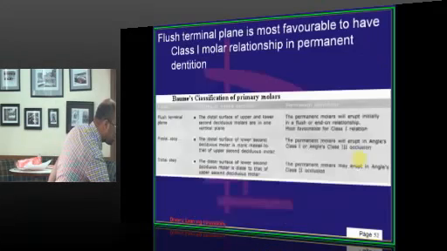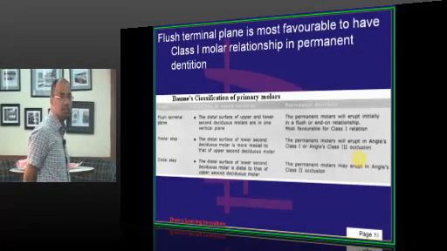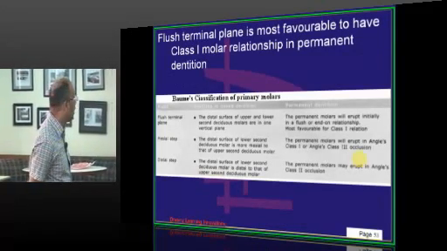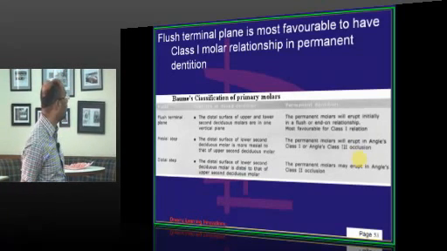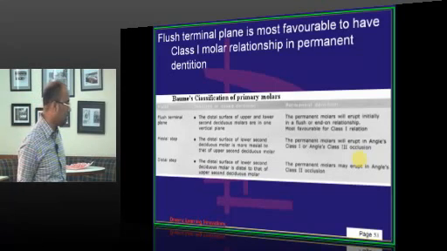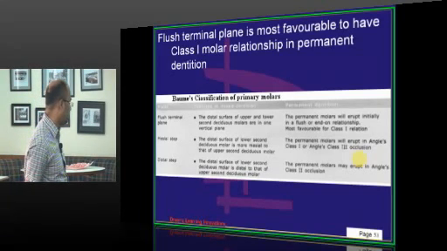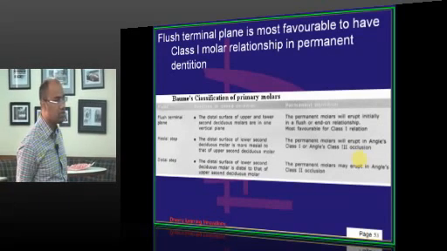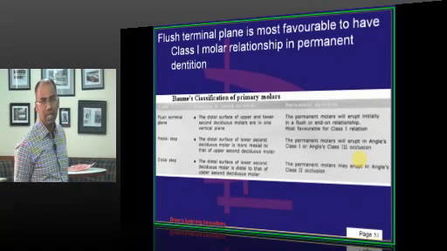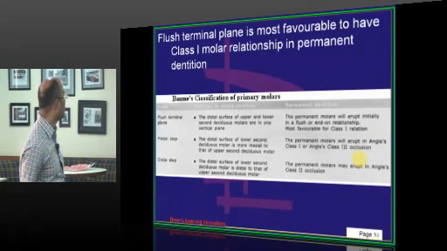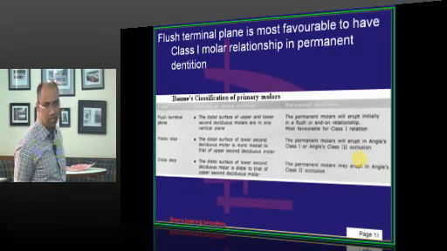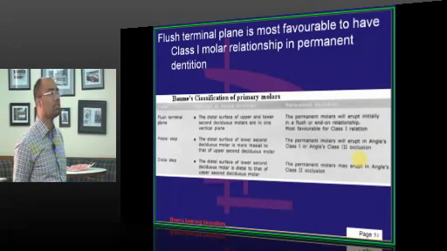So initially when you see an edge-to-edge relationship, it is an end-on relationship. So the flush terminal is more favorable to have a class 1 relationship in the permanent dentition. A flush terminal plane, as I said earlier, is the distal surface of both the upper and lower second deciduous molars in the vertical. So in the permanent dentition, you see either flush terminal or end-on or a class 1 molar.